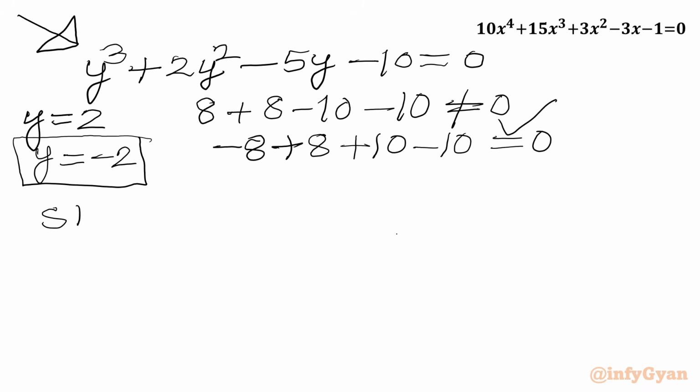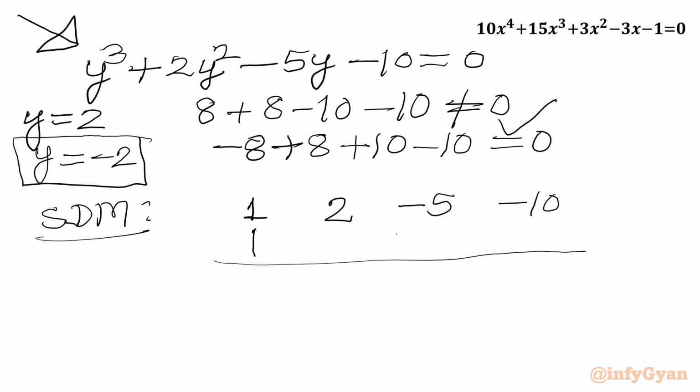Again we'll be using the synthetic division method. Here we need to write all the coefficients of the cubic equation this time. So 1, coefficient of y square is 2, coefficient of y is minus 5, constant is minus 10. We will consider the leading coefficient 1 as it is.